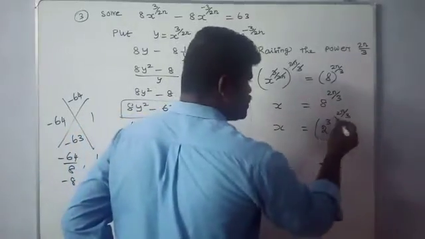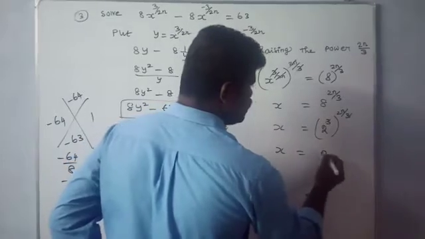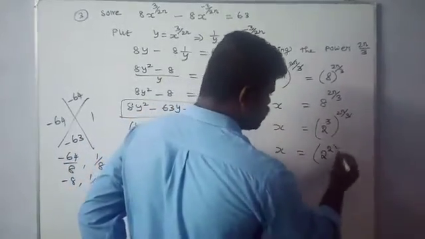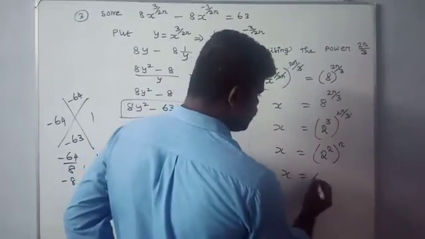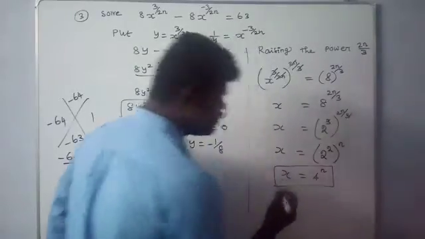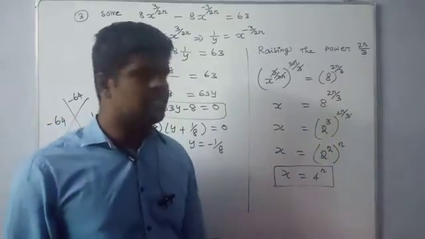That means these 3 and these 3 are cancelled. Now x is equal to 2 power 2, that means 2n is there, 2 power 2 whole power n. 2 power 2 is equal to what? x is equal to 4 power n. So this is the required solution. Here 2 power 2 is 4, 4 power n is there.